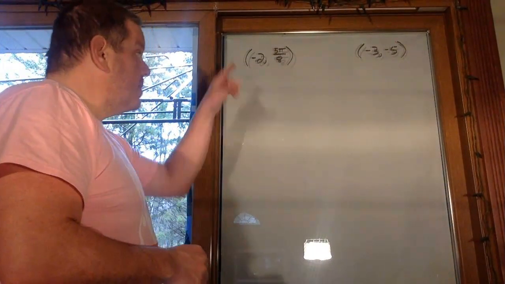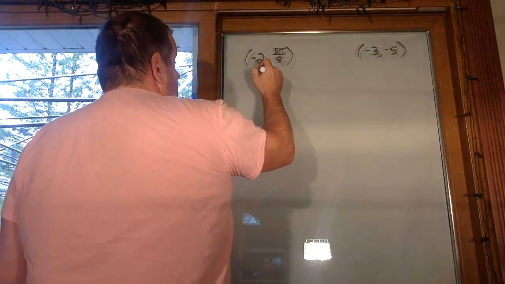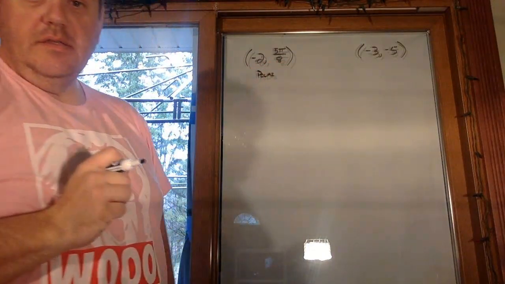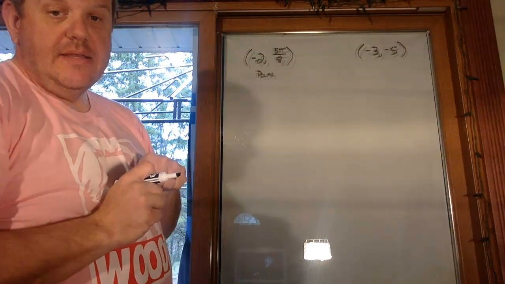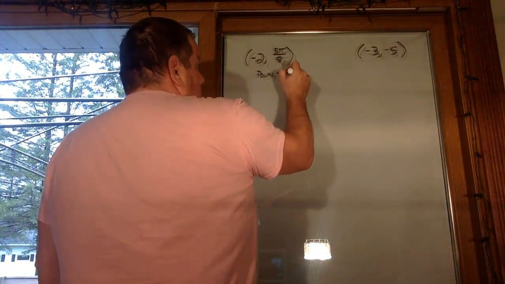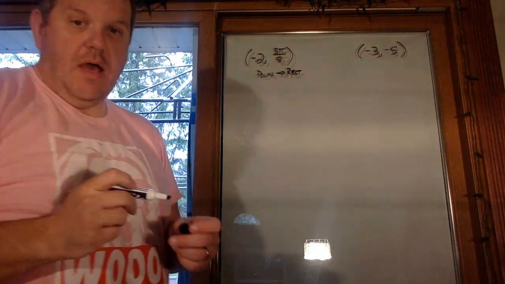There they are, okay? So first one, this is a polar point, because it has an angle here, 5 pi over 8. That's an angle. So we need to take this one polar into rectangular. Okay? We'll just deal with that one first.